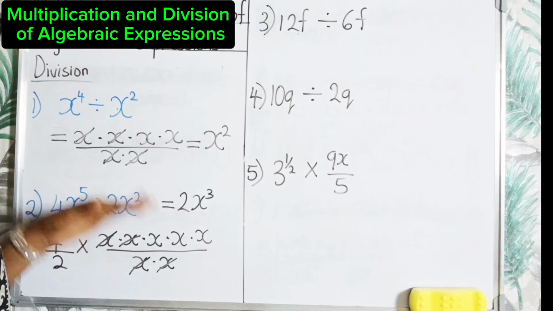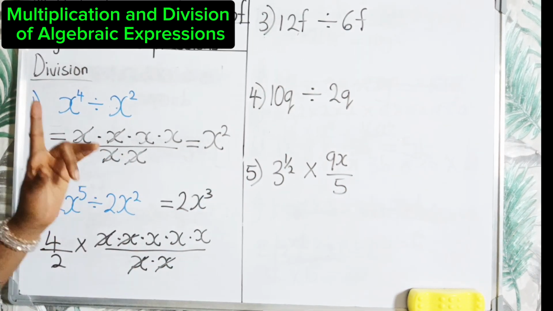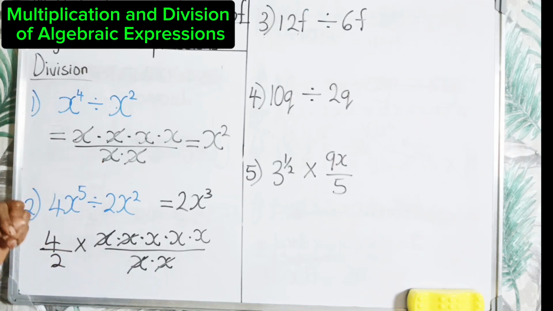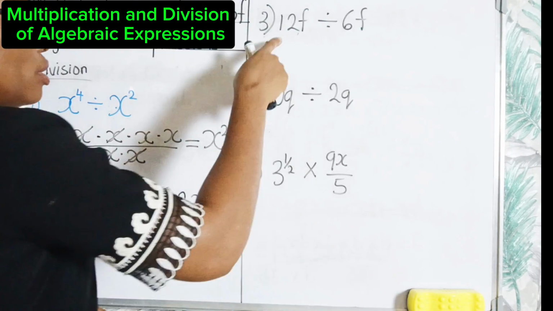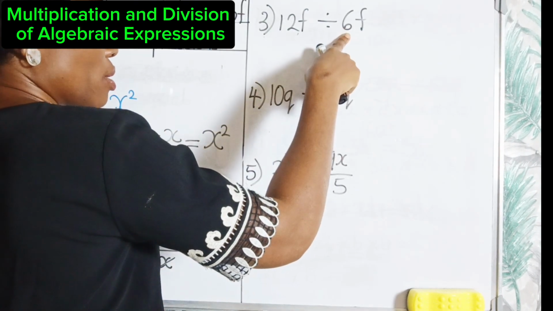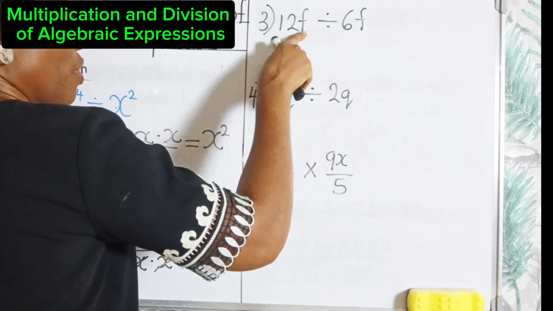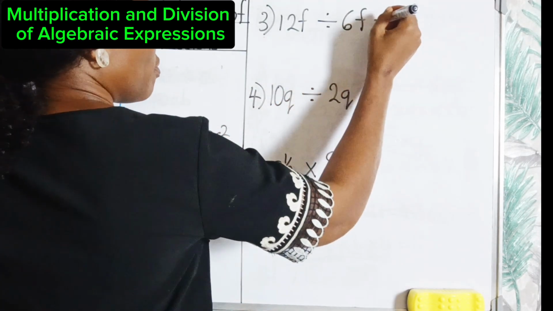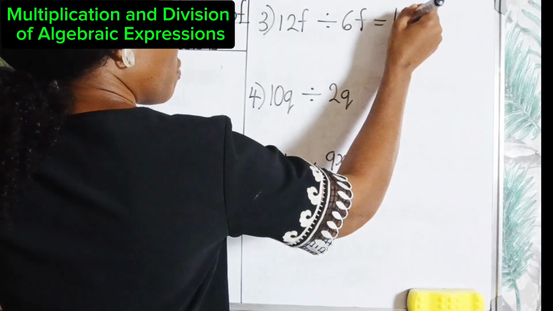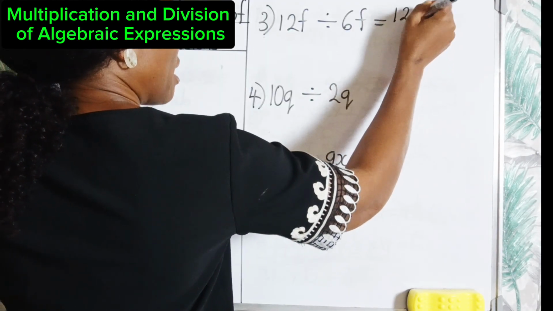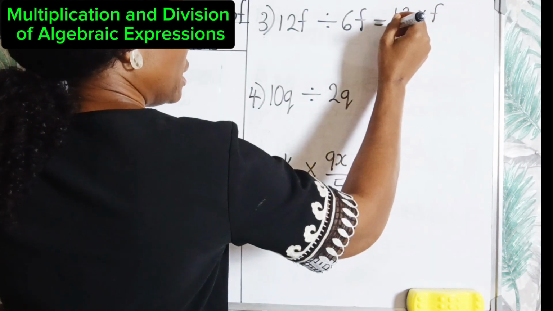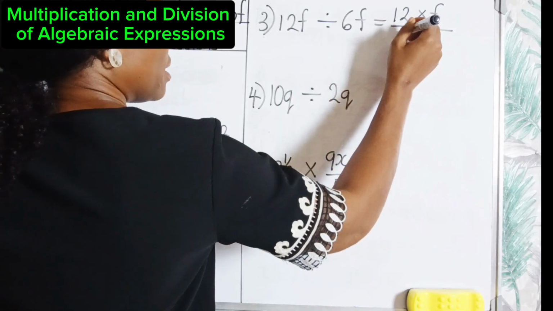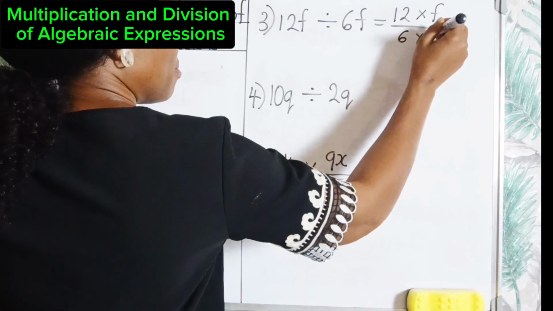So for number 3 under division, we have 12f divided by 6f. Remember, coefficient will divide coefficients, and then the variable will divide variable. So here we are going to have 12 times f divided by 6 times f.